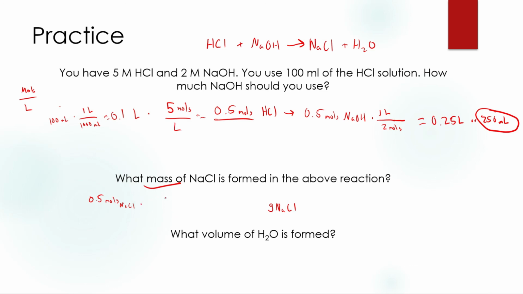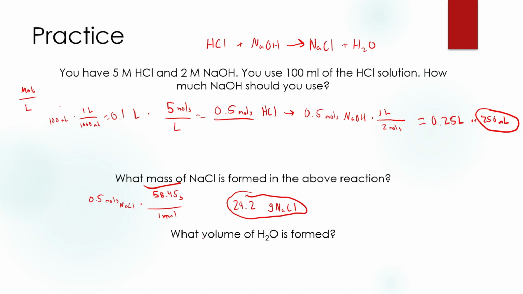The way to do this is using the molar mass, which we calculated earlier to be 58.45 grams per mole. So half of 58.45, we get about 29.2, and I'm just going to round. So we get 29.2 grams of sodium chloride.